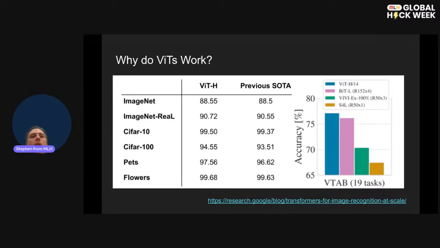Okay, and so you can see they have a lot of different image data sets. One of them is CIFAR-10, which is what we're going to do today. We're not going to really hit that 99.5%, but we're going to get pretty close. And that is great news. As you can see, they're excelling over that in many cases.